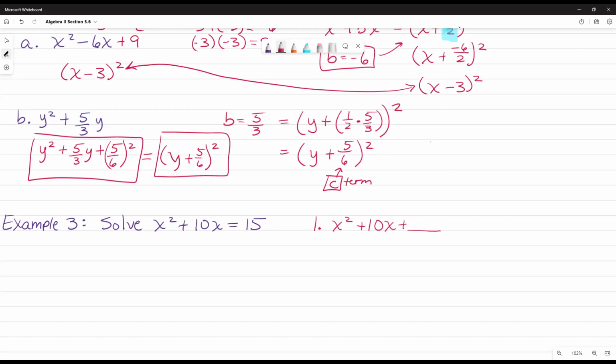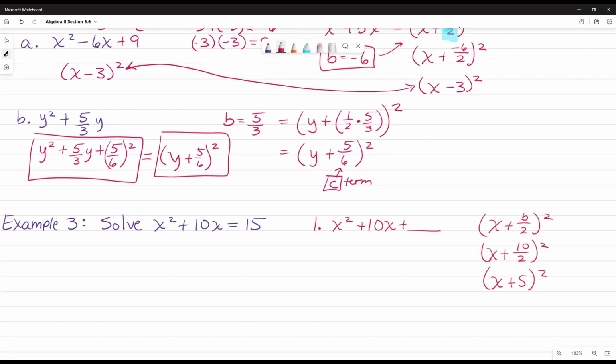25. Right. But I'm going to use the formula just so you can see me walking through it. So we know our answer needs to be 25 because that would give us our B term and our C term. And we could factor it to x plus 5 squared. But if I use the x plus b divided by 2 squared, then I have b is 10, and we see that it's x plus 5 squared.